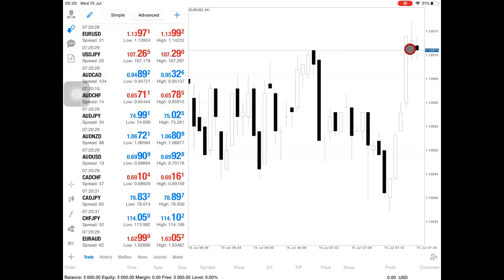But once the price goes above the open price, it turns white, indicating that it is a bullish candle. Right now it is a bullish candle, meaning it's going up from the initial starting point, and when it comes down below that starting point, it turns black, indicating that it is going lower.